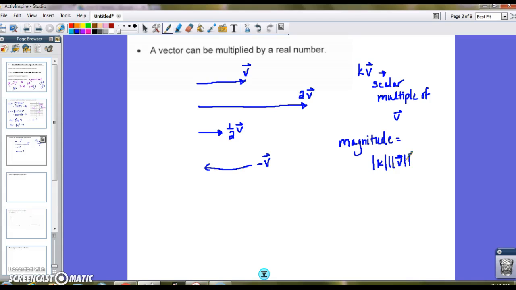We're talking about length, and length can only be positive. If you multiply by a negative number, it just changes the direction, but it doesn't change the length or the magnitude of the vector.